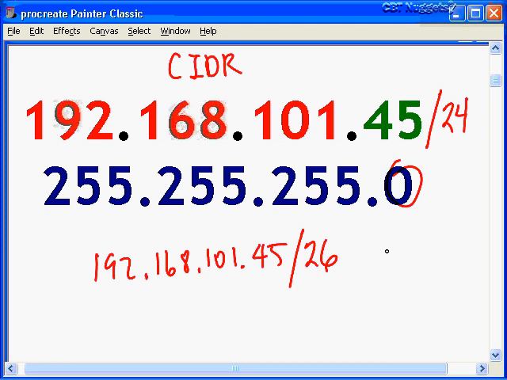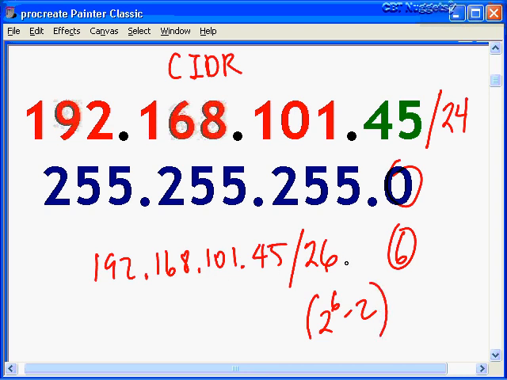That gives us 6 bits left over for hosts. Obviously, with only 6 bits left for hosts, we're going to have fewer hosts per network. As a matter of fact, it's 2 to the 6th power minus 2, right? Remember that from earlier? Now, why is it minus 2? Because for each network we have to take away 2, because we can't use the network address and we can't use the broadcast address on that network.